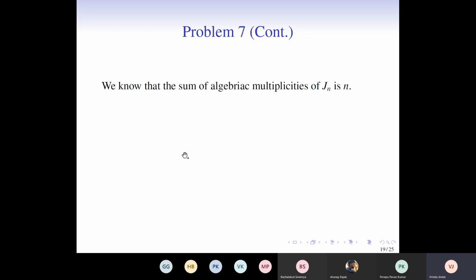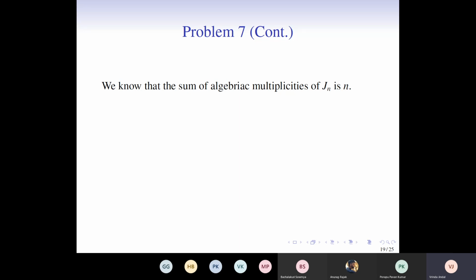We know that the sum of algebraic multiplicities of Jn is n. What is algebraic multiplicity? The algebraic multiplicity of an eigenvalue is basically the number of times that eigenvalue is repeated in the characteristic polynomial.